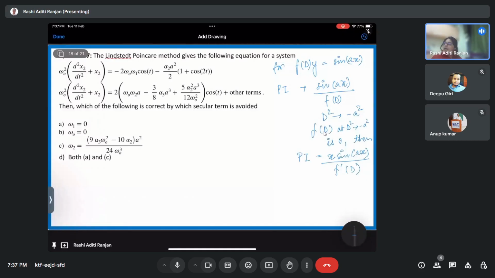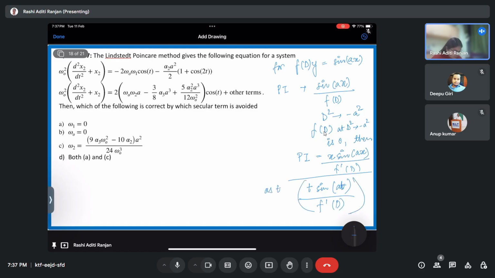So if my x is time, which in this case is time, we are actually studying the dynamics with respect to time. Okay. So my particular integral will be something of the form t sine of at divided by f dash of D. Now see over here, what are we going to get?